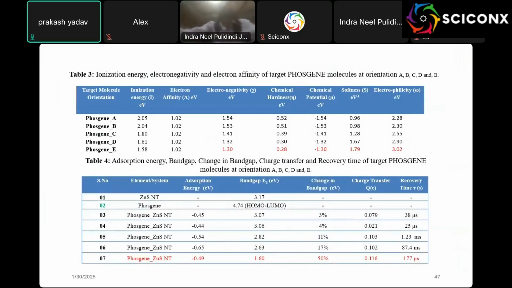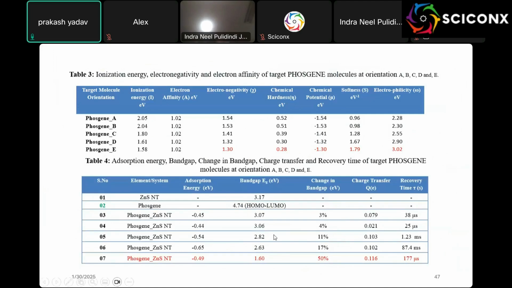In this graph, I calculated the ionization energy, electronegativity, and electron affinity of my targeted Faustian molecules for all orientations. And you clearly see orientation E is better for every position.